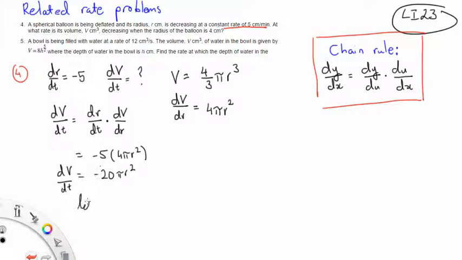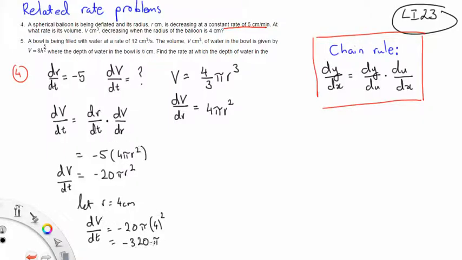So we have the rate that its volume is decreasing, it's -20 pi r squared, but we want to know when r is 4 centimeters. So let's let r equal 4 centimeters and sub it into here. dV/dt equals -20 pi 4 squared. 4 squared is 16 times 20 is 320. What are our units here?